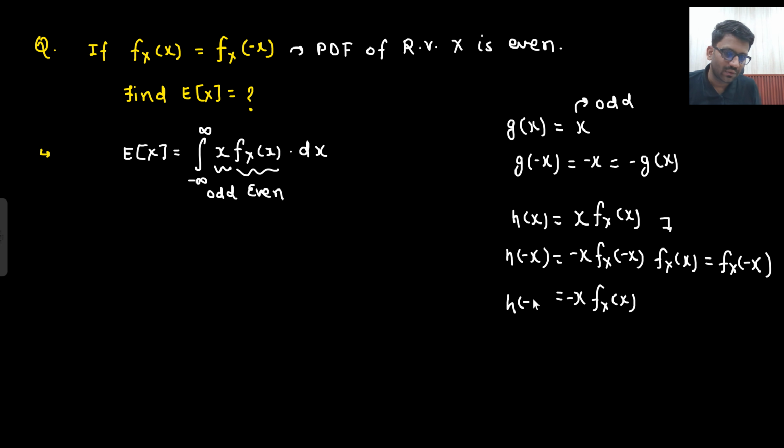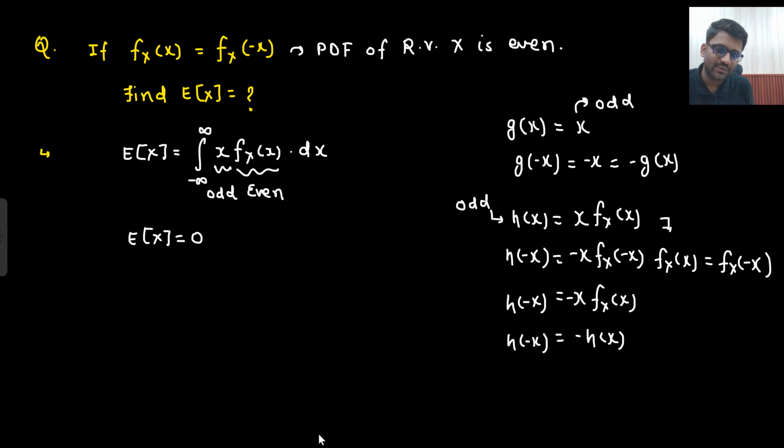So h of minus x is equals to minus x fx of x. What does that mean? h of minus x is coming out to be minus of hx. That means this h of x is odd. Very simple thing, no? Only thing I need to prove is that this will be odd. And if this is odd, that means the whole integration will be equals to 0.